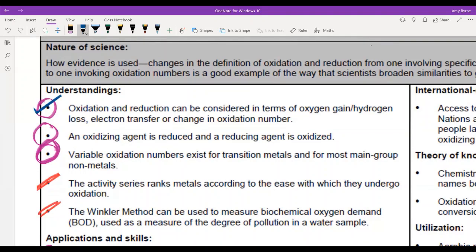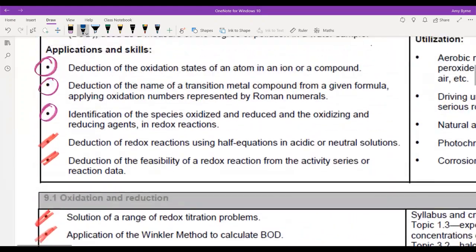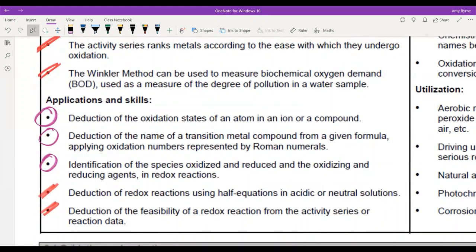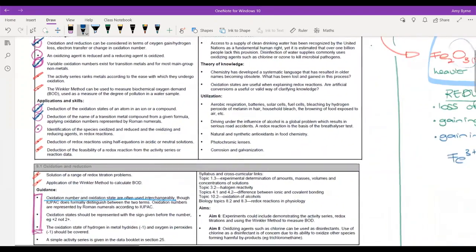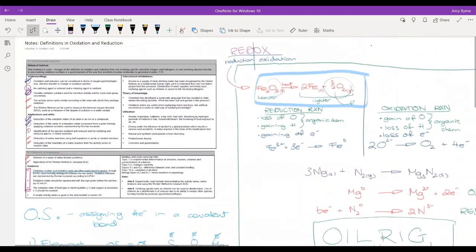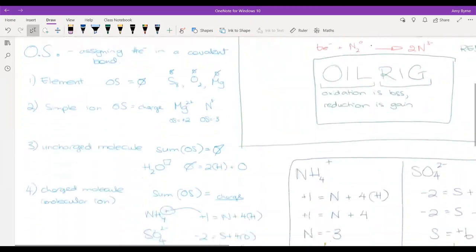I've talked about variable oxidation states, how we deduce that, and how we deduce the name of a transition metal. Let's talk about oxidizing and reducing agents in redox reactions.